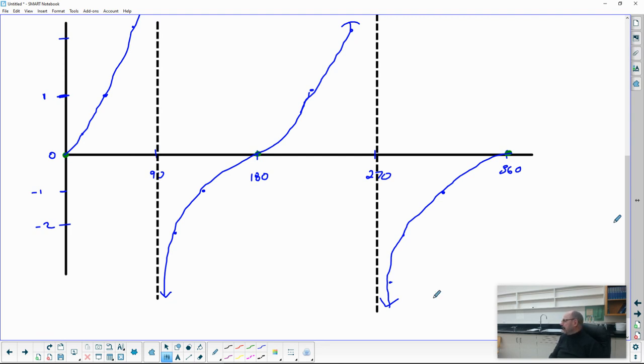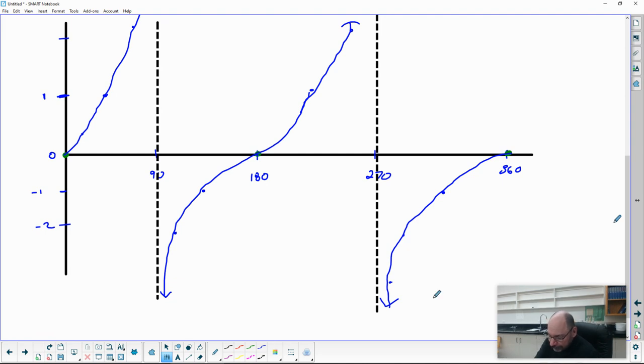From negative 90 to 90 would be one pattern, 90 to 270 would be a second pattern, and 270 to more than 360 or 450 would be another pattern. So we actually have two periods in here, and there's no amplitude here.